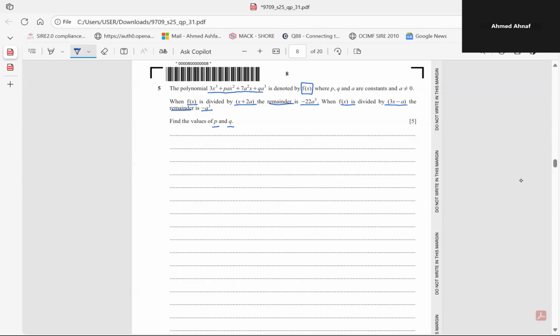The remainder theorem states that when p(x) is divided by a linear factor, let's say ax plus b, and the remainder is r, you're supposed to substitute the linear factor with 0 and find the value of x.